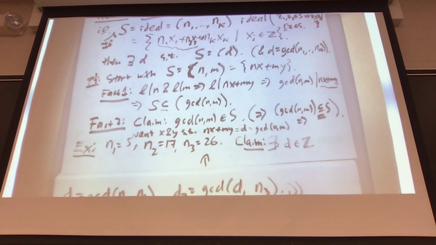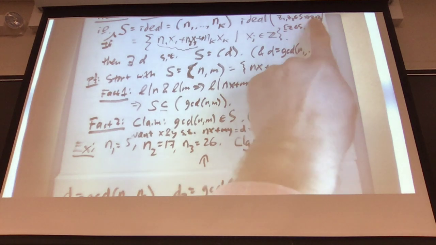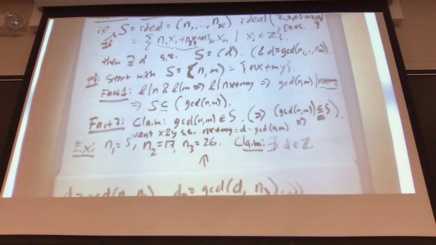The ideal generated by 0 will always be an ideal, but it just contains 0 and nothing else. Any integer multiple of 0 is 0, and any linear combination of 0 is 0. So the set {0} is always an ideal. The set R, the entire set itself, is always an ideal. Yes?